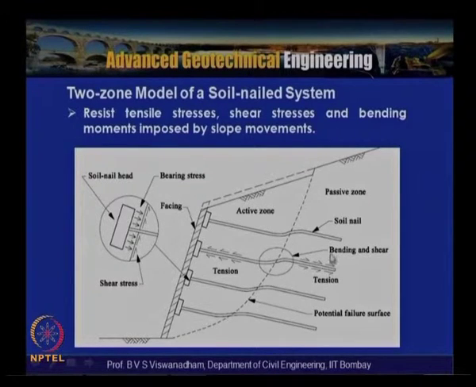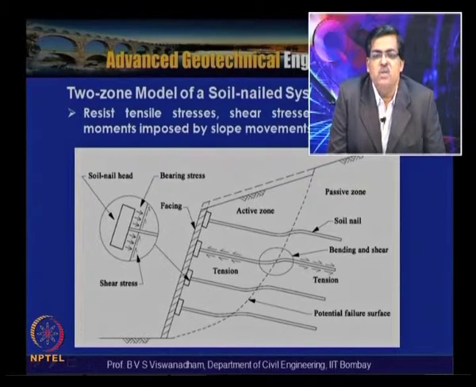So the slope reinforced with soil nailing resists tensile stresses, shear stresses and bending moments imposed by the slope movements. In the process, the slope gets enhanced stability, and the possibility of attaining steep slopes can be achieved.